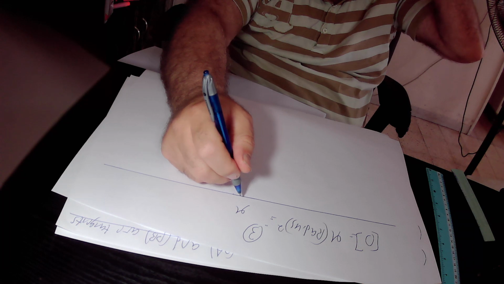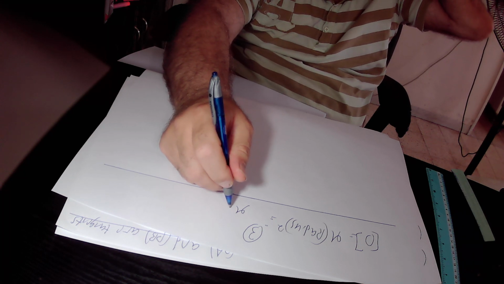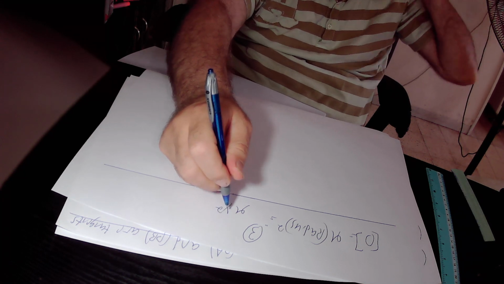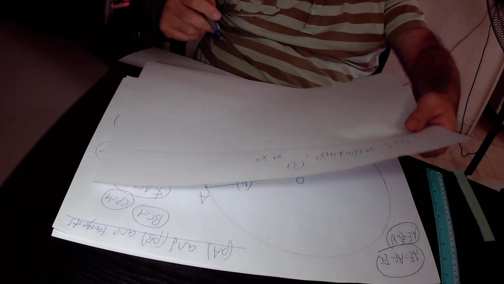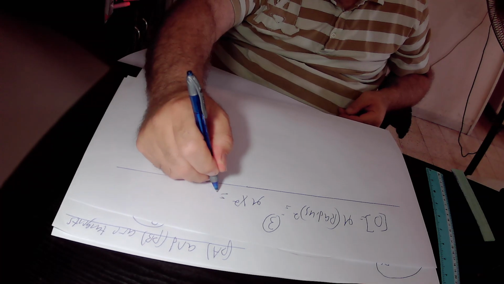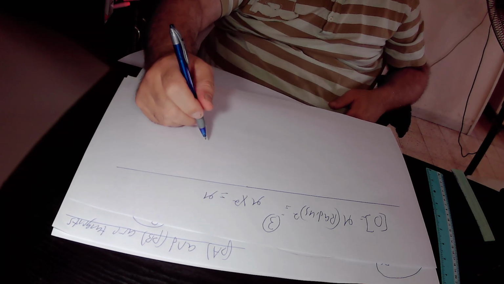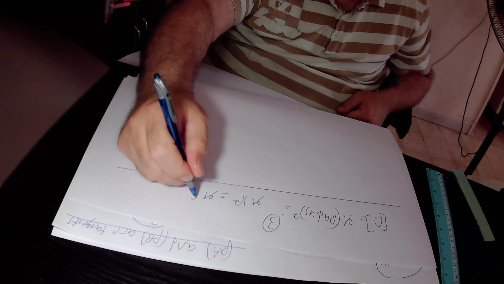And the radius of our circle is x, therefore the radius squared is x squared. So the area of this circle is equal to pi times x squared. So it is pi, x is 5 over 3, therefore x squared is (5 over 3) squared.